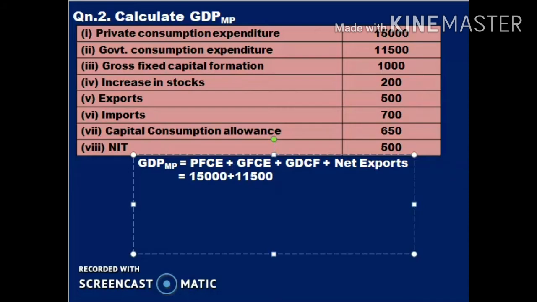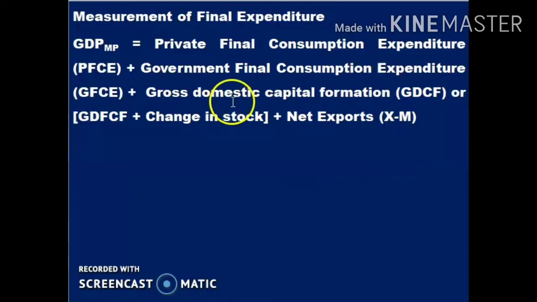Then gross domestic capital formation is not given; instead it is given as gross fixed capital formation. You have to add the change in stock to the gross domestic fixed capital formation, and then only will you get the answer.